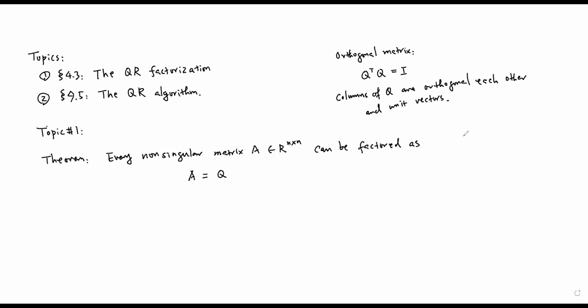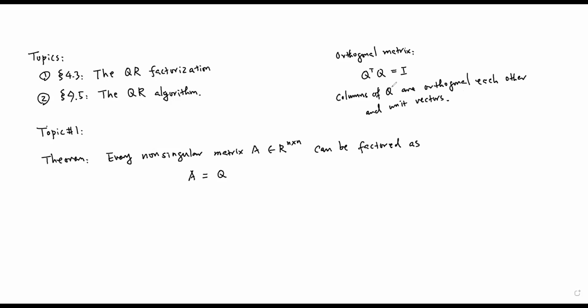When a set of vectors are orthogonal to each other and each vector has norm 1, length 1, we call that set an orthonormal set.